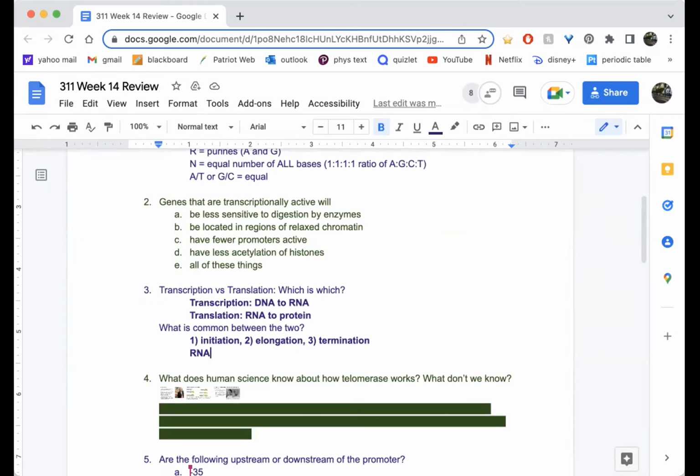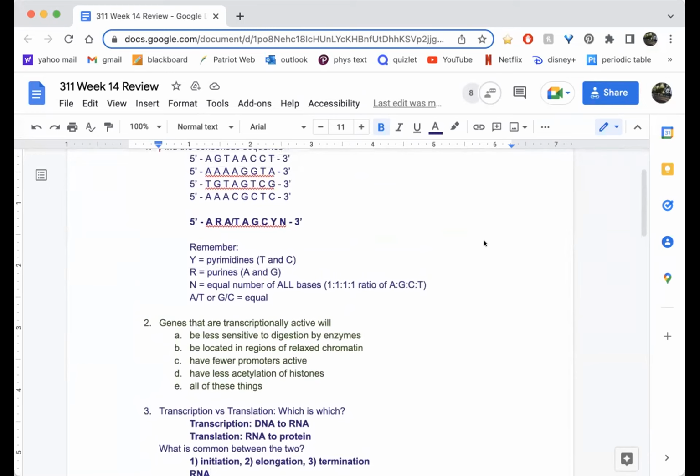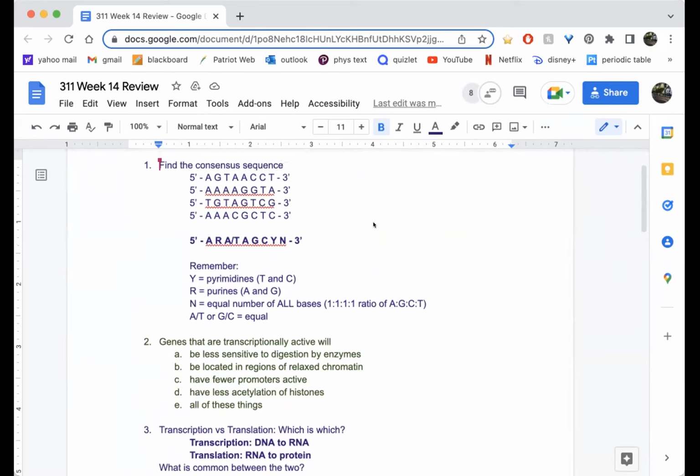Does the consensus sequence actually exist? Yes, consensus sequences do actually exist. Or wait, are you asking if it's extremely accurate all the time? The system that we used to find it. That's a good question.